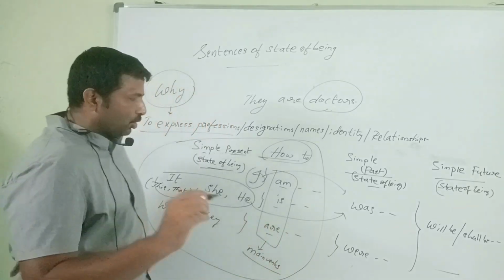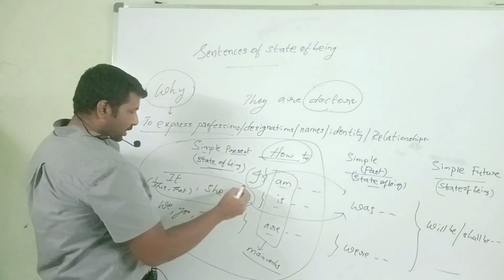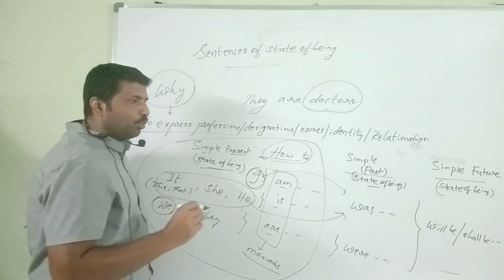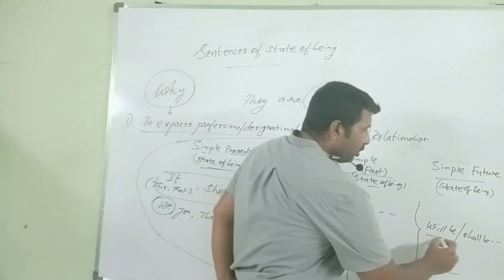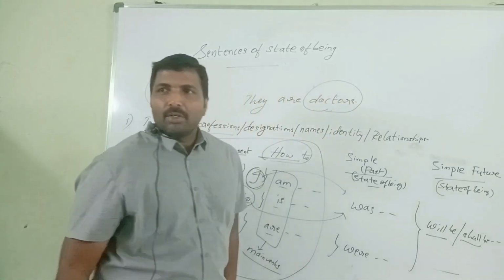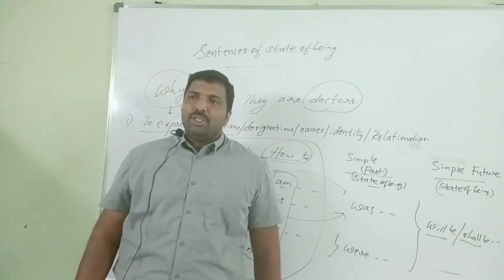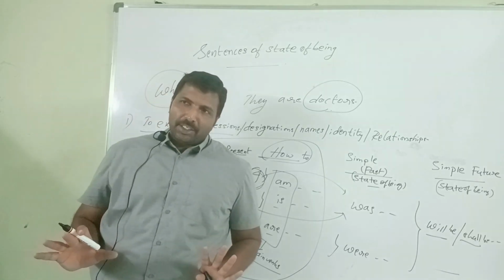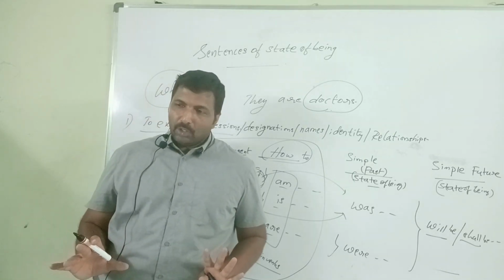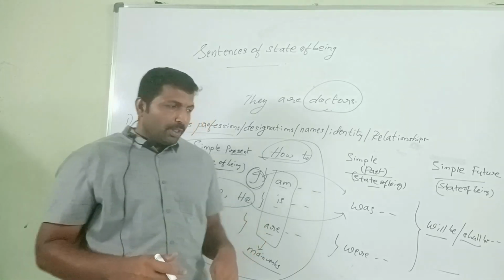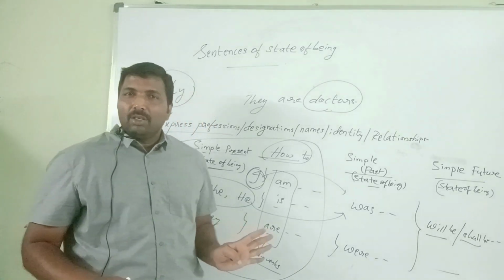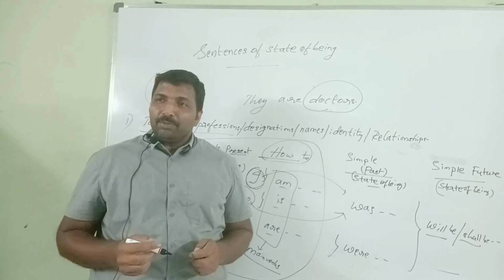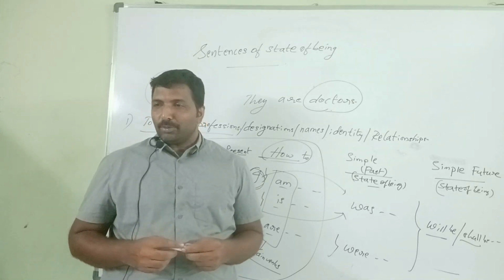For first persons, usually I and we, singular or plural, if you use will be, it is stronger than shall be. I will be busy after 1 hour is stronger than I shall be busy after 1 hour. For second and third persons, they shall be busy after 1 hour is stronger than they will be busy after 1 hour.